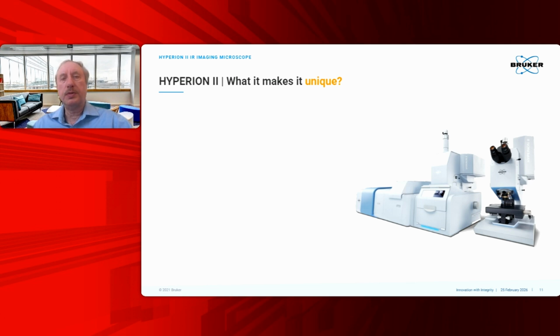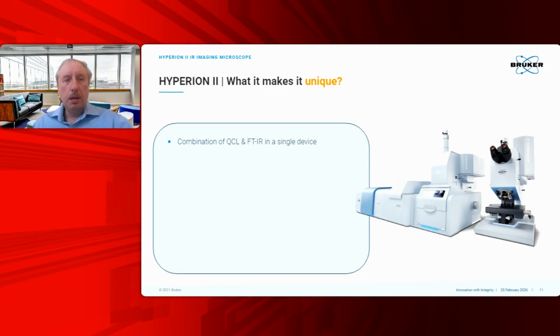You can do FTIR measurements on this system, and you can also do QCL-based microscopy on the same system. It can do all the infrared imaging, and all types of spectroscopy: reflectance, transmittance, or ATR spectroscopy.